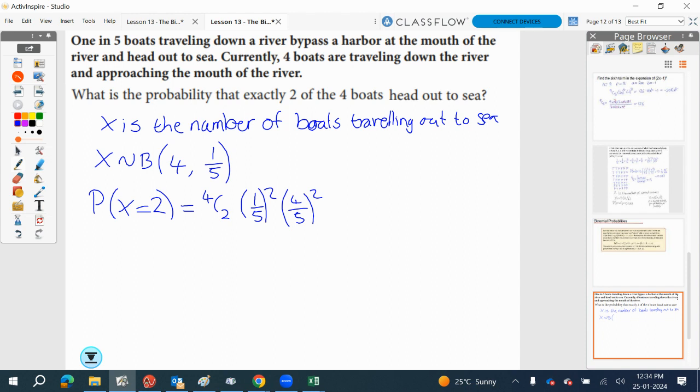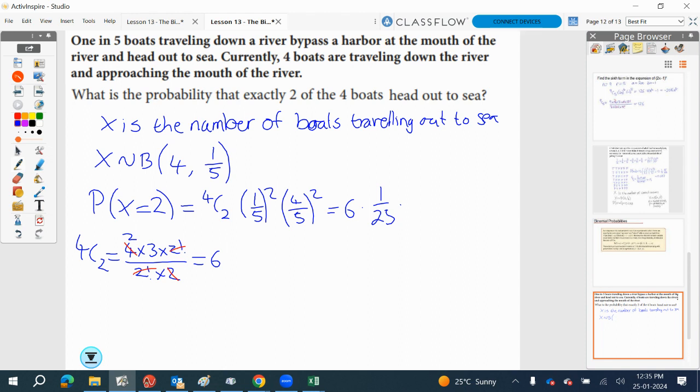Let's find 4C2. 4C2 is going to be 4 times 3 times 2 factorial over 2 factorial times 2. These cancel, and this gives us a 2. So this is 6. This is going to be 1 over 25.